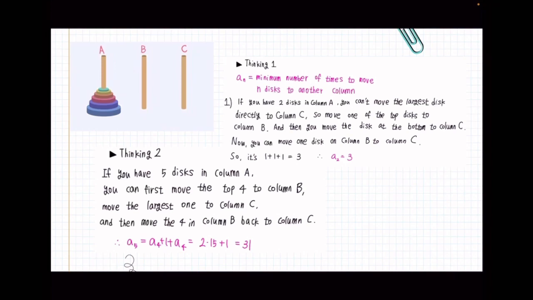Now there are 5 discs placed on column A. By increasing the number, let's think about it. In the same way as above, first move the top 4 to column B, move the largest disc to column C, and then move the 4 on column B back onto column C. So A5 is A4 plus 1 plus A4, which is 2 multiplied by A4 plus 1, which is 2 multiplied by 15 plus 1. So it is 31.